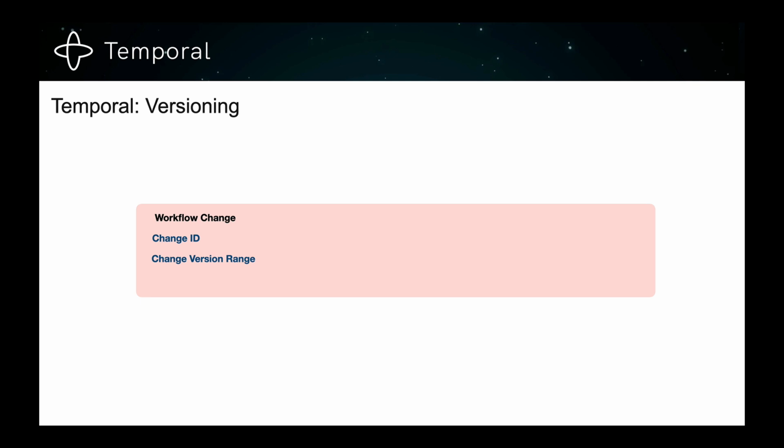So what Temporal does is it versions changes, and a workflow change has 2 properties. One is the change ID, which is a unique identifier of the change, and then this change has a version range. And we'll talk about that in a minute in a future slide. But what does this mean?